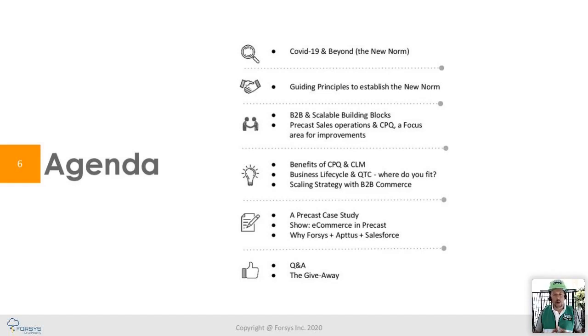There's a journey that we all have experienced as a result of the COVID crisis. We're going to cover that, but really, if you embrace the changes that are coming as a result of the outcomes of COVID, we're going to cover what the new norm is going to look like. Certainly, how the guiding principles that we follow and embrace when we take our customers to do either automation or transformation. We're going to talk about that.